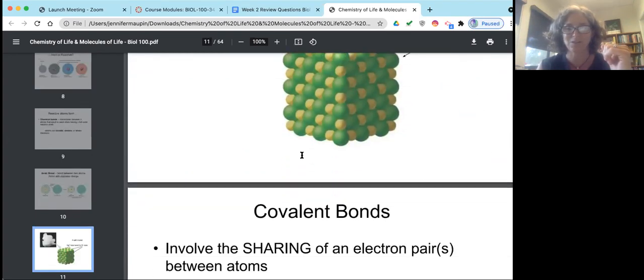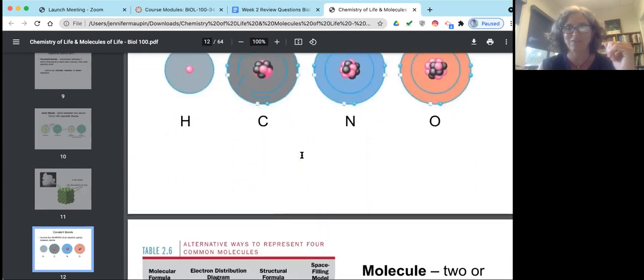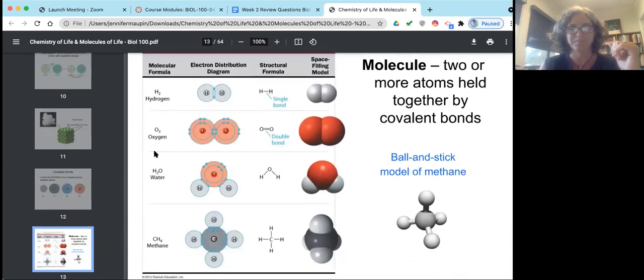So I'm going to get up these covalent bonds here, and you can kind of see that here's an oxygen atom in this image and another oxygen atom, and there are two covalent bonds forming between these two oxygen atoms. That's indicated by this line here. That's called a double bond since it's two covalent bonds.